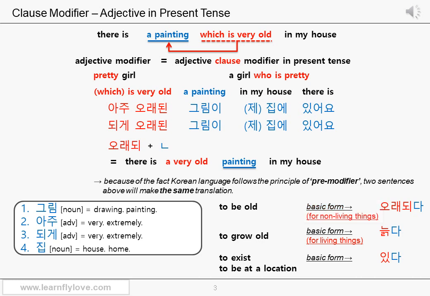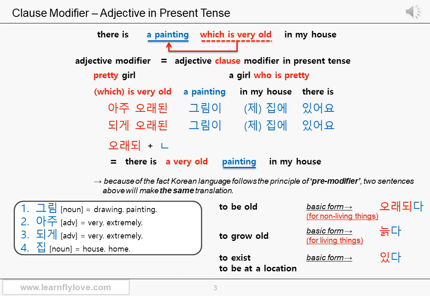One is used for non-living things, and the other one is used for living things. 오래되다 is an adjective, and it's used for non-living things. 늙다. Don't worry about the pronunciation. We are not learning this on this page. Anyway, 늙다 is a verb which means grow old and is used for living things. So getting old is an action in Korean.